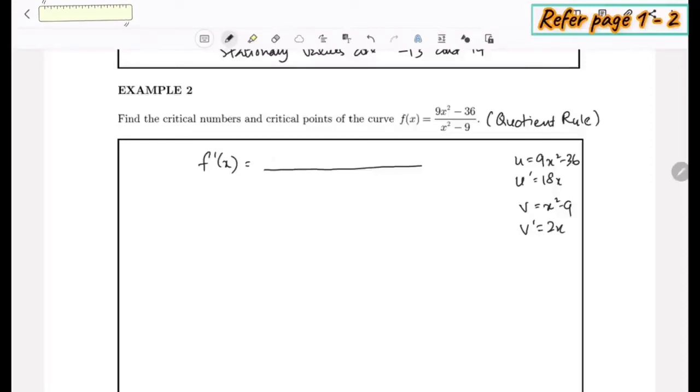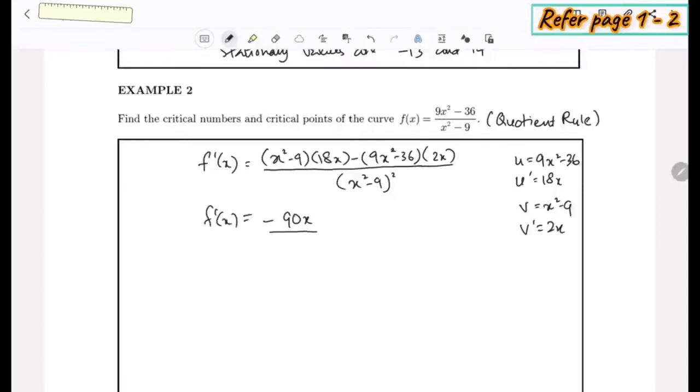Start off with v, so x squared minus 9, times u prime 18x, minus u, 9x squared minus 36, times v prime 2x, over x squared minus 9 squared. Simplify, and we will get negative 90x over x squared minus 9 squared.